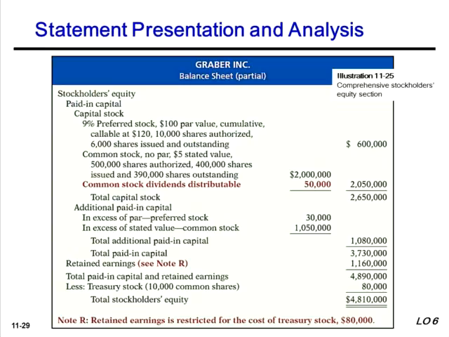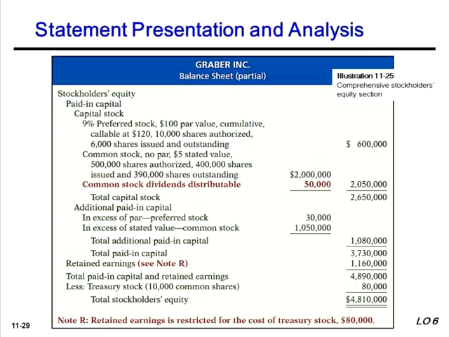So the common stock dividends distributable of $50,000 goes in there as well. So we have a subtotal of total capital stock of $2,650,000. So that includes par value and stated value. The next part is the additional paid-in capital. So that's the excess of issuance price over par or stated value.